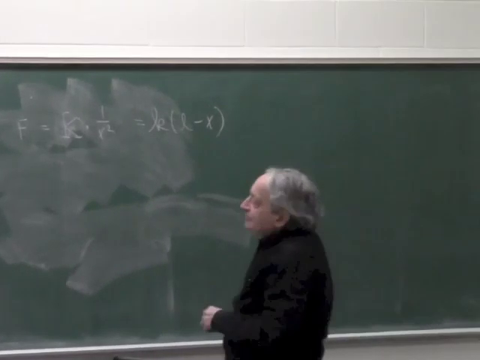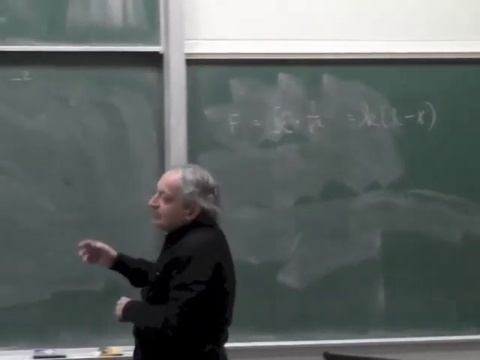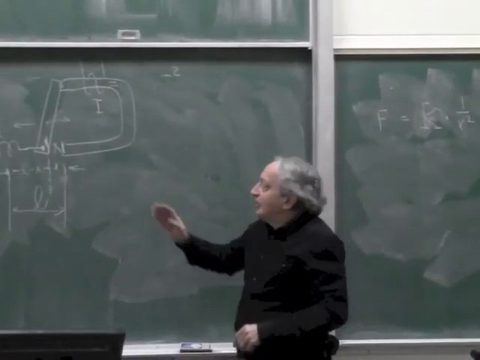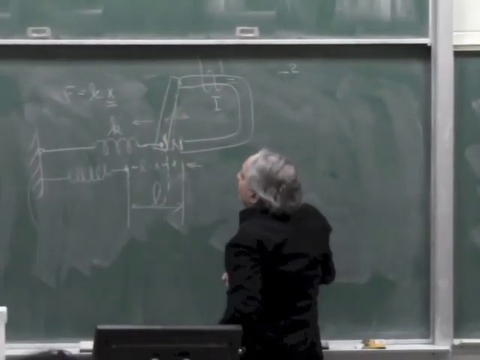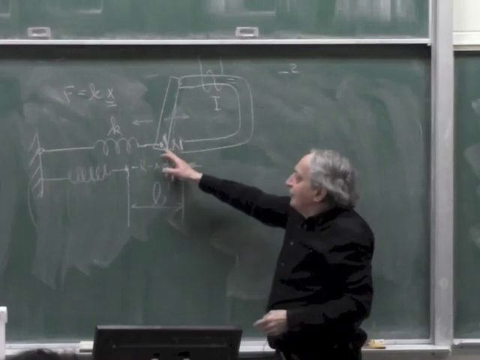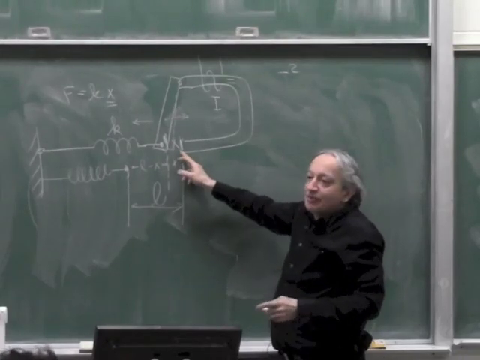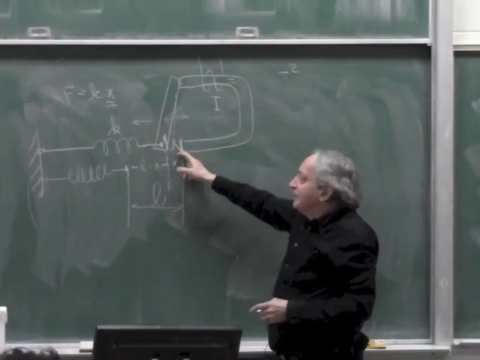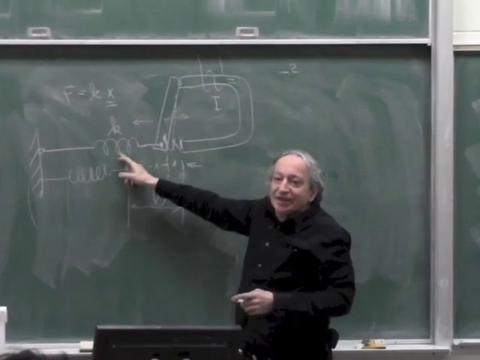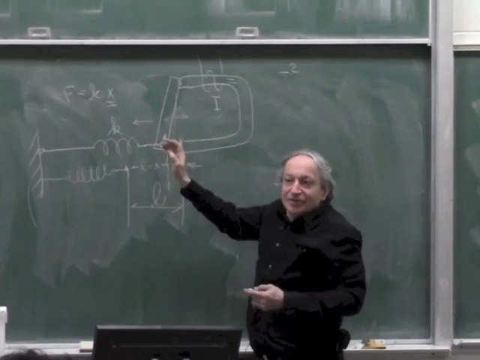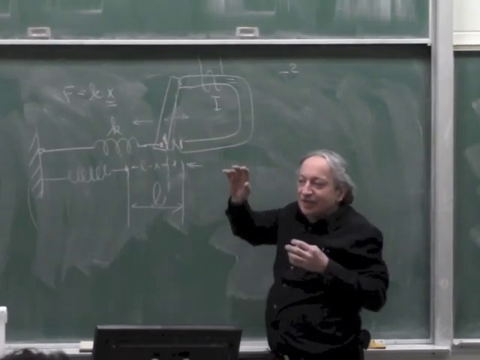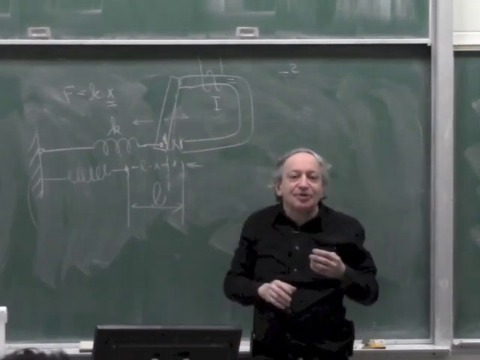Now, at some point, and we started this last week, this will move, and because this force is going up with a square, and this force is going up linearly with distance, at some point it will snap. And we started talking last week, what is exactly the point it will snap?